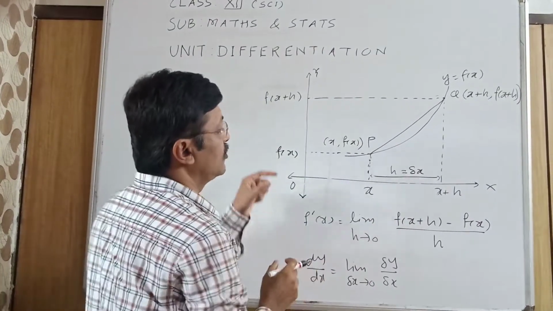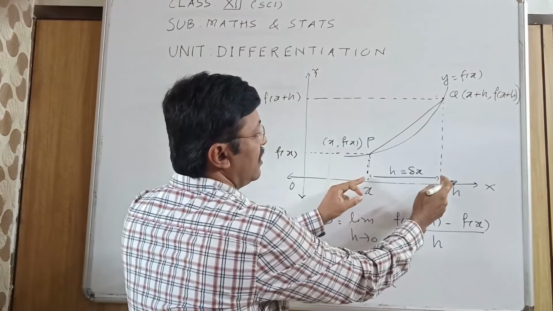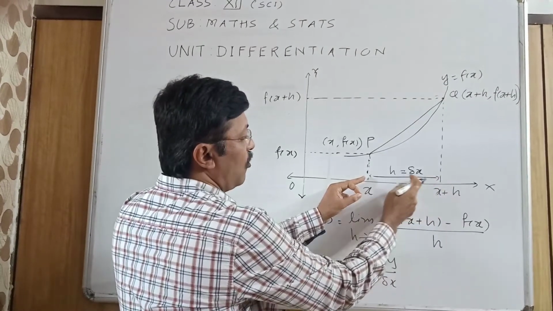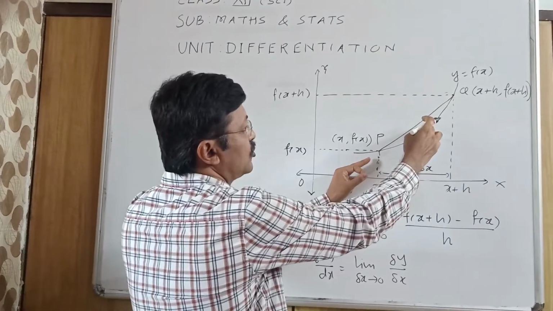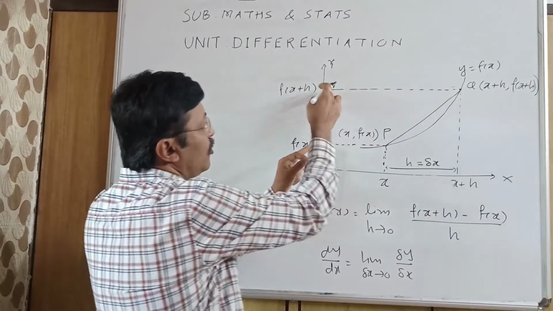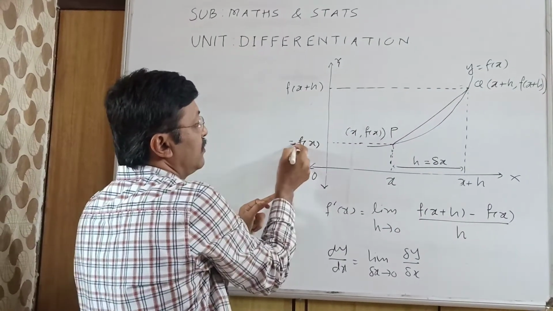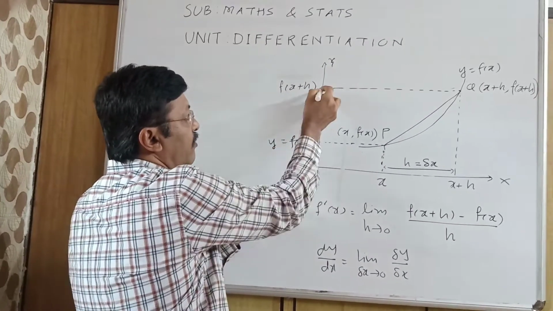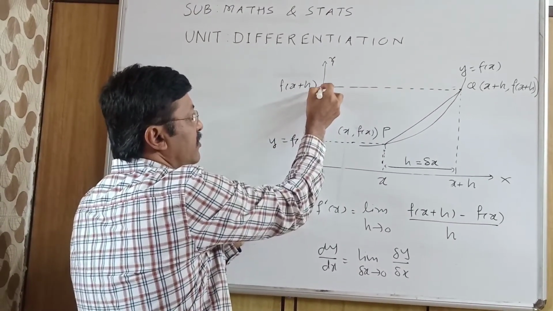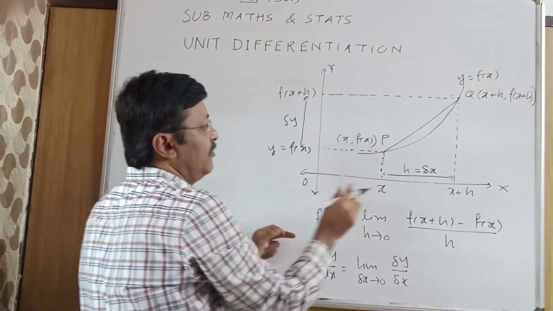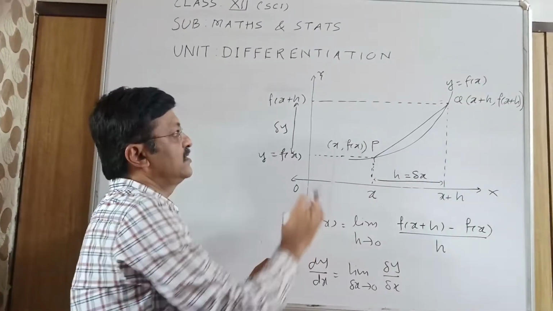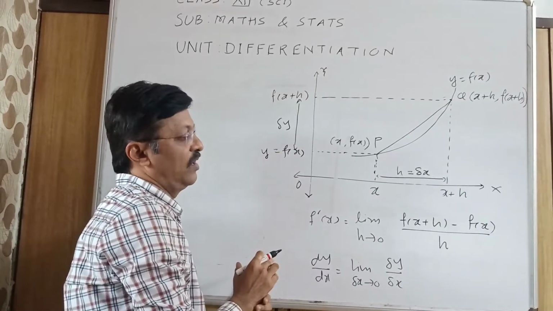Similarly, if you make this delta x very small, Q will also come very close to P. By that time, what will happen to the y coordinate? The y coordinate is initially y, and the difference between them is delta y. So the difference between x coordinates is delta x, and the difference between y coordinates is delta y.